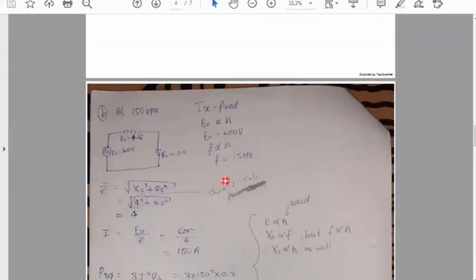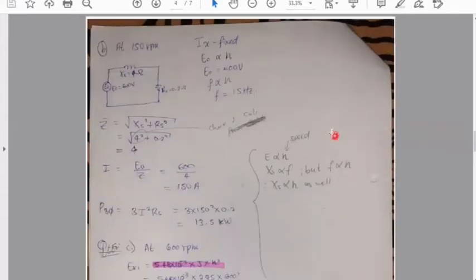Okay, here's the difference. This relationship is what defines both the questions and differentiates them. So this equation explains what we're talking about and what is needed from us. Ix is fixed, and we know that E naught is proportional to N, which is your speed.